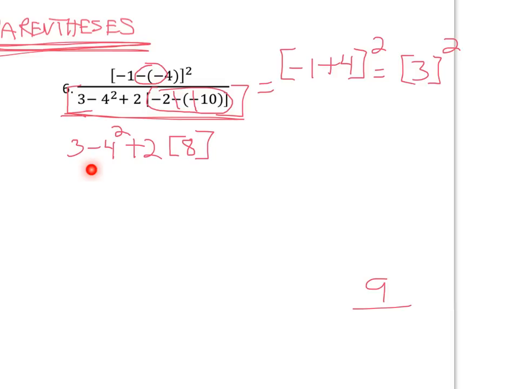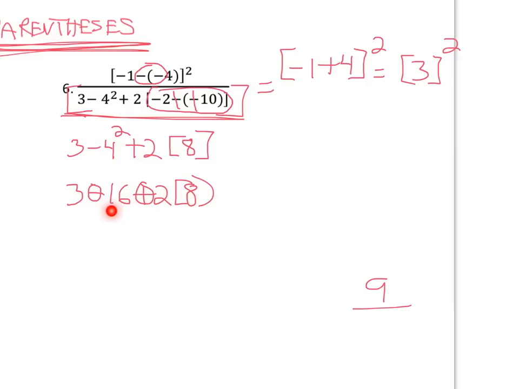Okay, then if I look, I have subtraction, addition, I have multiplication, but then I also have exponents. So exponents take priority there. 4 squared is going to give me 16. So I have 3 minus 16 plus 2 times 8. Then I have subtraction, addition, and then remember, nothing's written, it's multiplication.